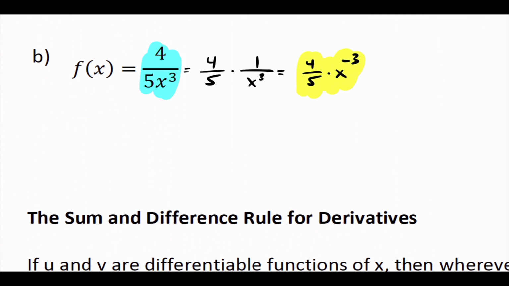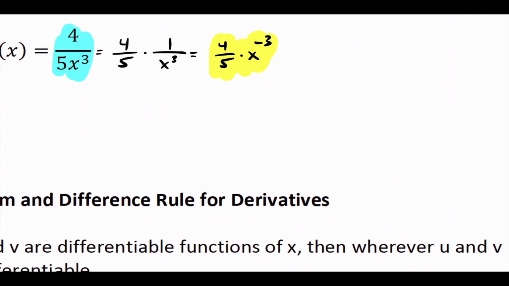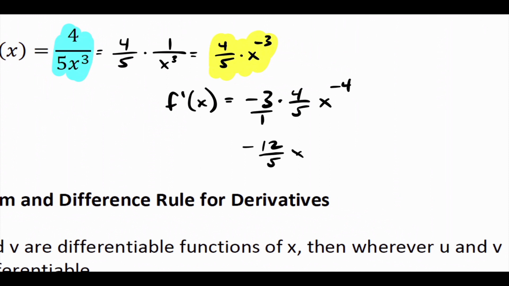So let's use the power rule now. So move the -3 to the front, times 4/5, subtract 1 power, I get -4. Multiply the coefficients, I get -12/5, x to the -4.